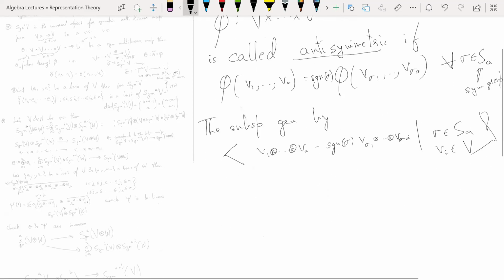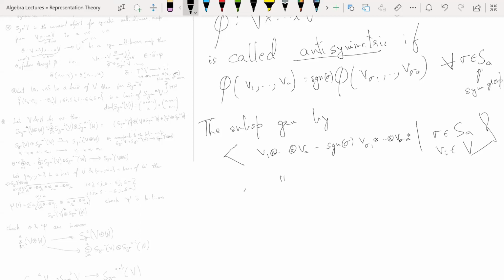This subspace is actually the same as this: you just take two of them identical, then you also get the same subspace.